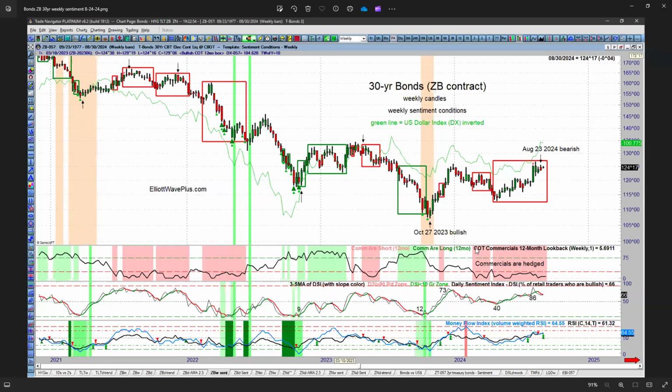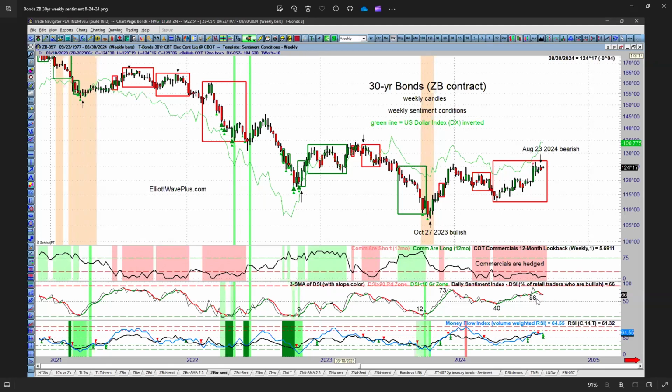So in this particular case, on bonds, I think commercials would be the smart money, the largest accounts out there, primarily banks, possibly even central banks, and they are currently on the short side, bearish on 30-year bonds.